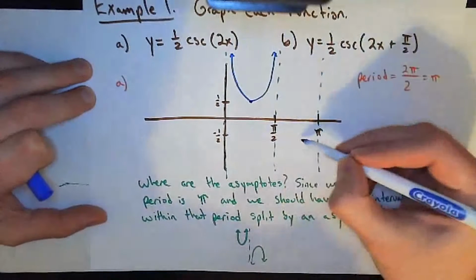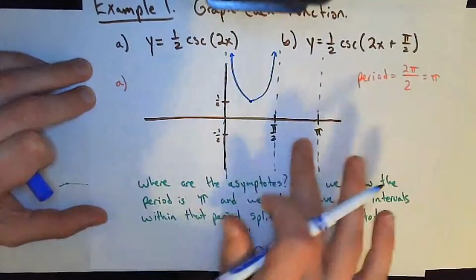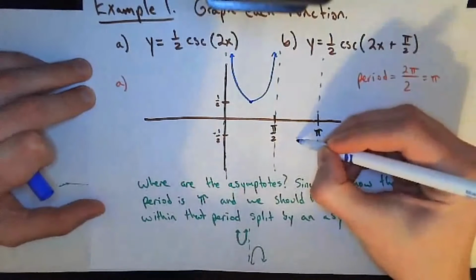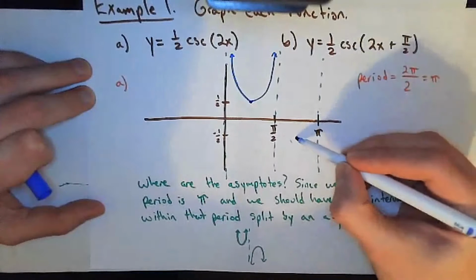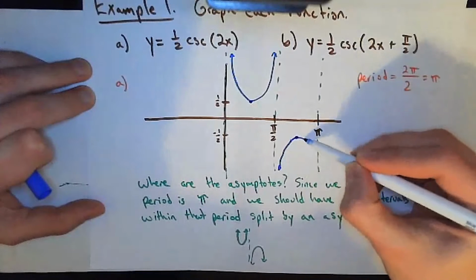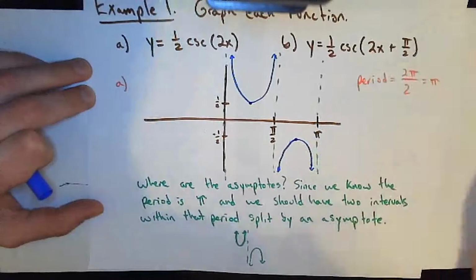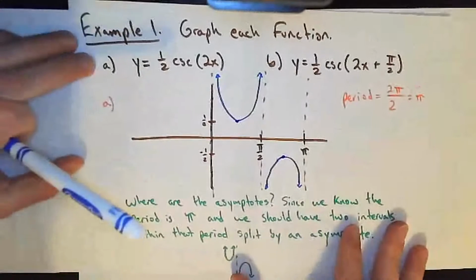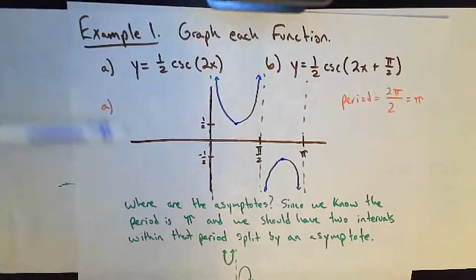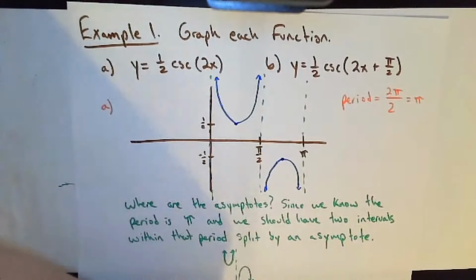And the other one should be down here in the other interval, across the asymptote, right there, local maximum value at negative 1/2, and it's going off to negative infinity. There you go. There it is. That's one period of it.